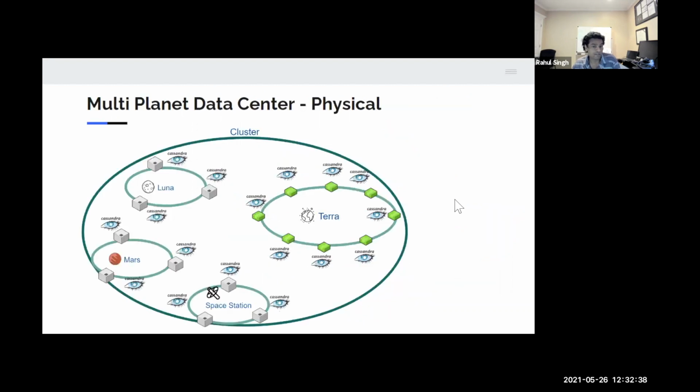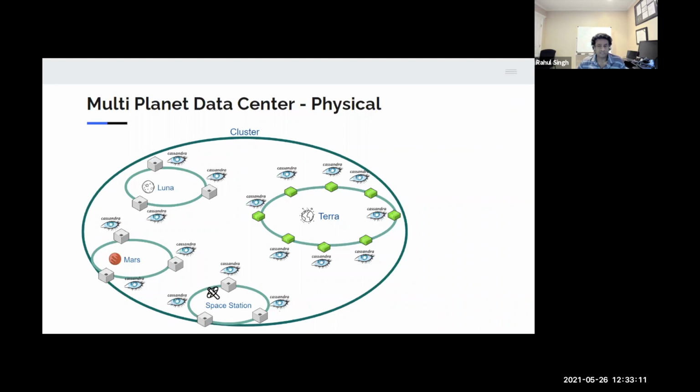Now, you can also have a multi-planet data center. We're not quite there yet, but the same concept applies, right? If you're still working 15, 20 years from now, regardless of whether we have people living on Mars, there's enough of a momentum in the world now with people traveling that there's the interspace network, which is basically what connects, I don't think it's the exact name, but what connects all the satellites, right?